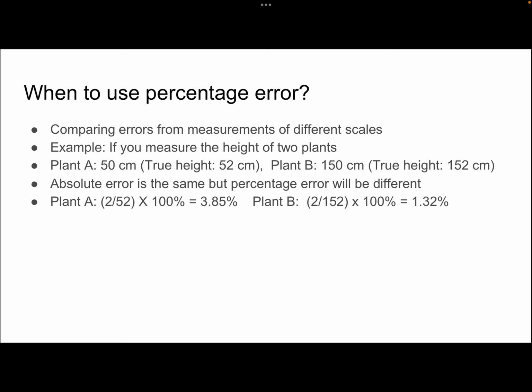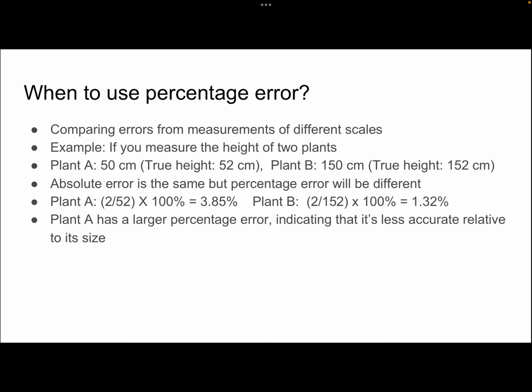So what can we conclude from this? Plant A has a larger percentage error, which means it's less accurate compared to plant B, because the percentage error is higher. This is based on the fact that we are looking at the error comparatively to the size of the measurements of the two plants.